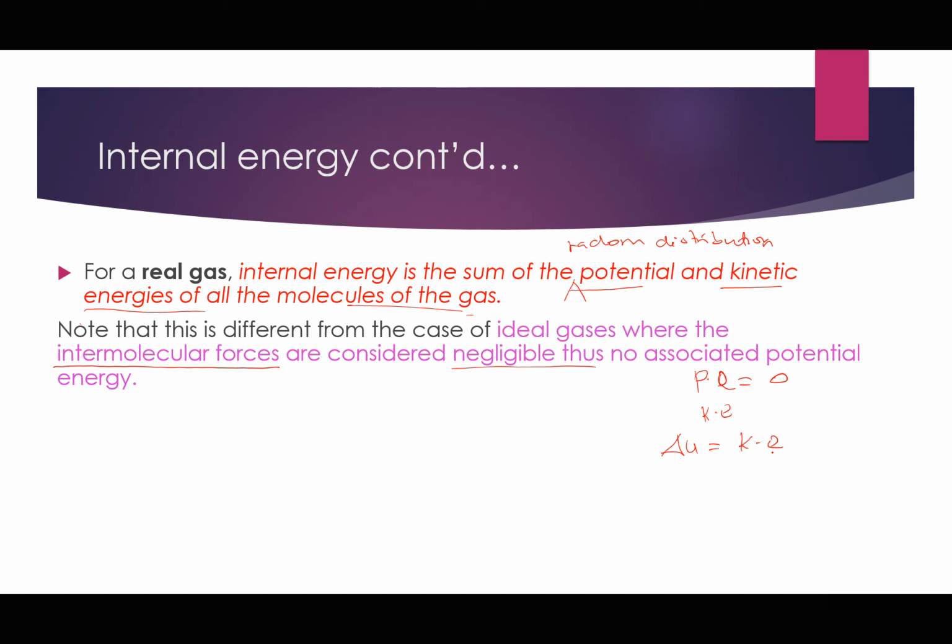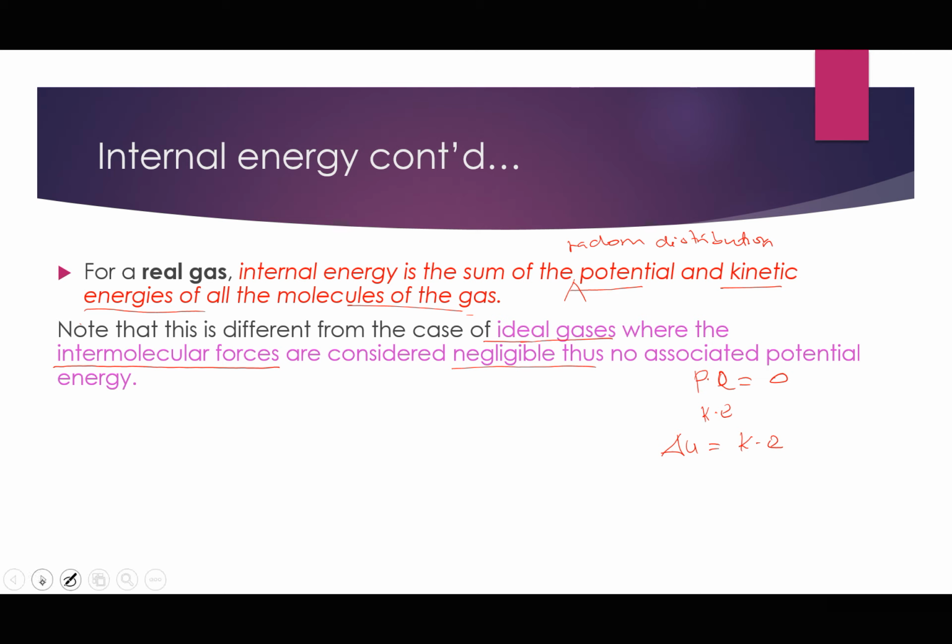For an ideal gas, internal energy is going to be the sum of the random distribution of the kinetic energies of all the molecules that make up the system.